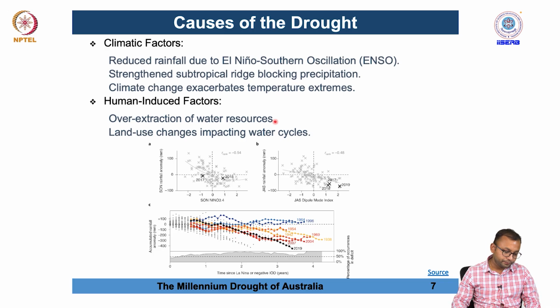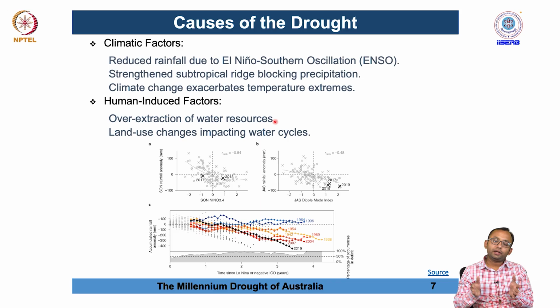But suppose we have already extracted a significant amount of water from these resources. If a meteorological drought comes, it will very quickly convert to hydrological drought, and then to agricultural and socio-economic drought conditions. Therefore, the management of water resources is very important when talking about drought conditions.